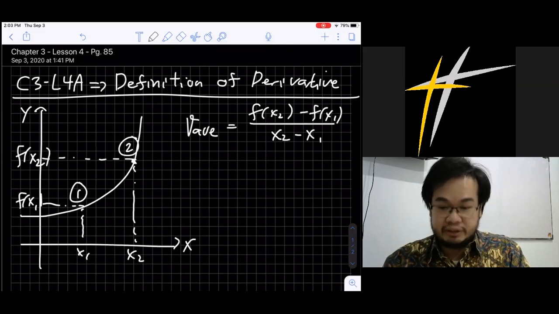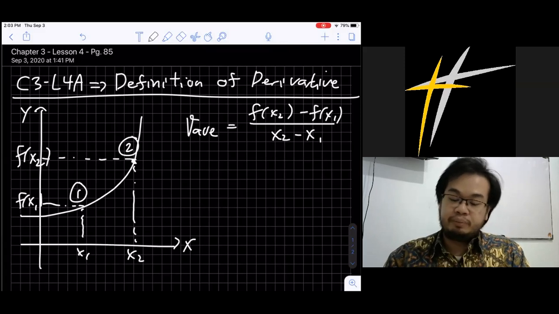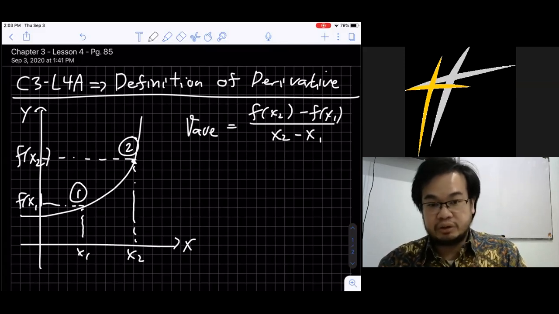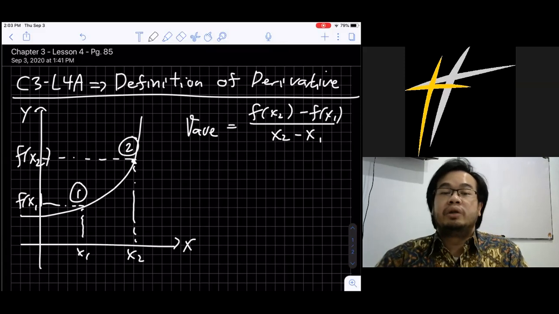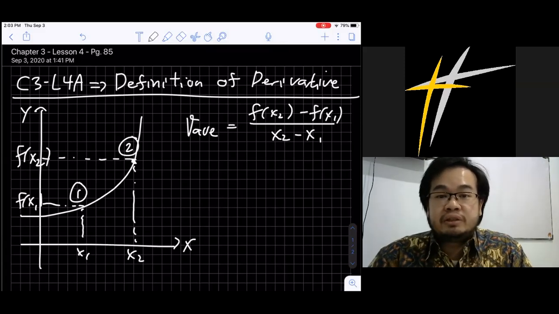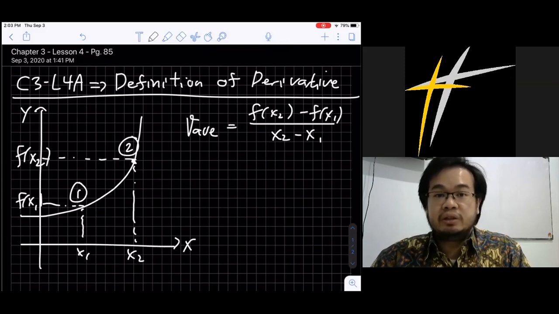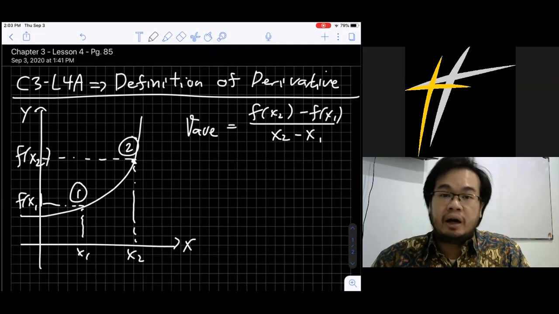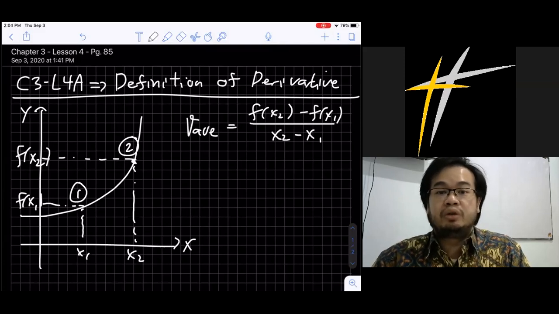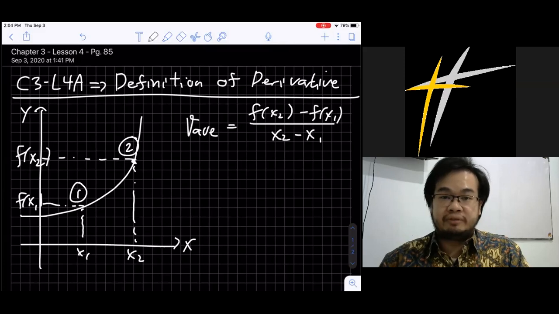But we know from the principle of derivative, which is instantaneous rate of change, that instantaneous rate of change is the rate of change at an instant. It means at the same condition, how is your object going to move after that?